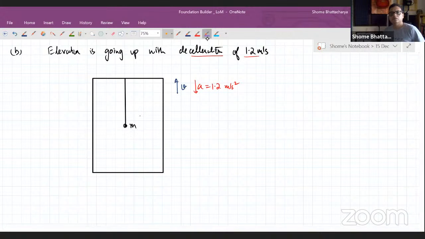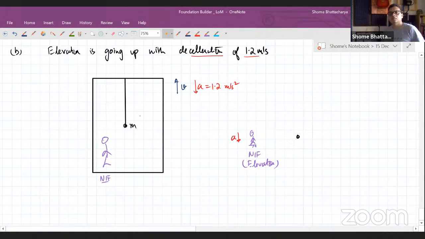So if I'm solving in the non-inertial frame of the elevator, this time my non-inertial frame has a downward acceleration of a. So the particle at rest with respect to me will experience a pseudo force upwards.